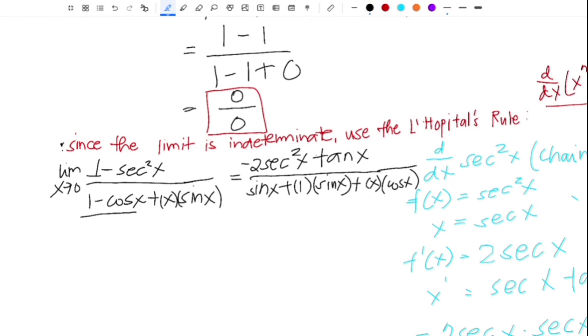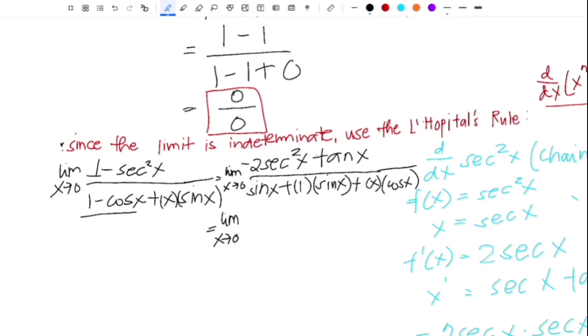Sorry guys, there should be a limit here. Limit as x approaches 0. Now let us simplify our denominator, because we can still express it in a simplified form.